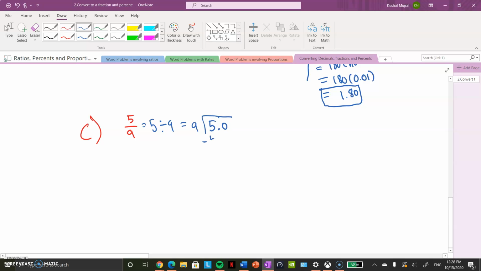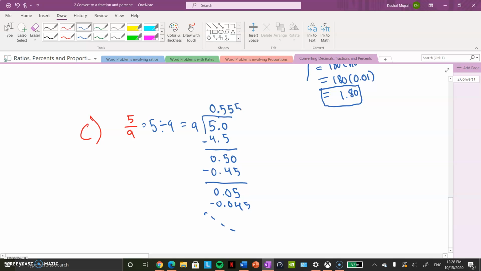You can subtract 4.5. That's 0.5. And this becomes 0.50 minus 0.45. It becomes 0.05 minus 0.045. And this just goes on forever.